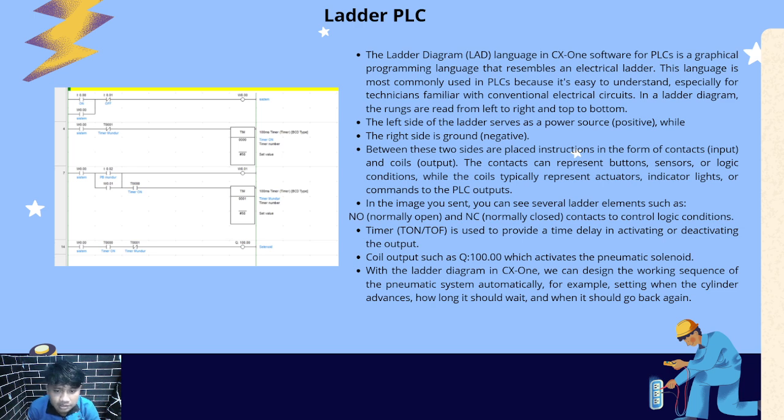Okay, the last step: with the ladder diagram in Text One, we can design the working sequence of the pneumatic system automatically. For example, setting when the cylinder advances, how long it should wait, and when it should go back again.